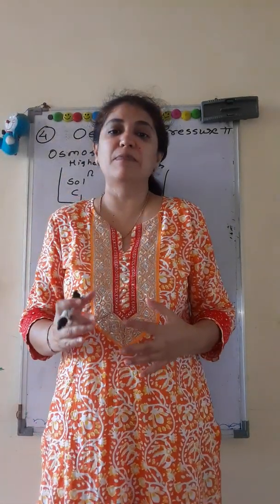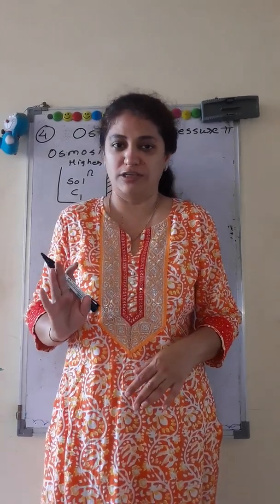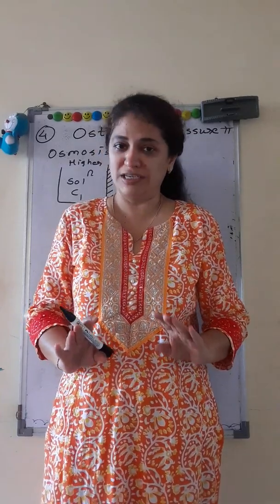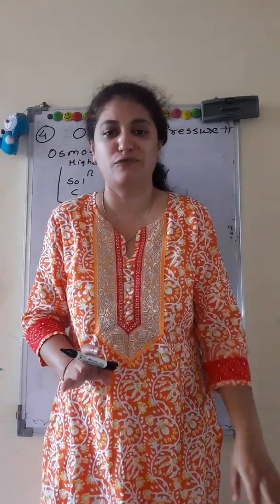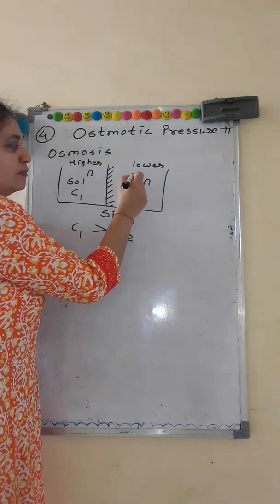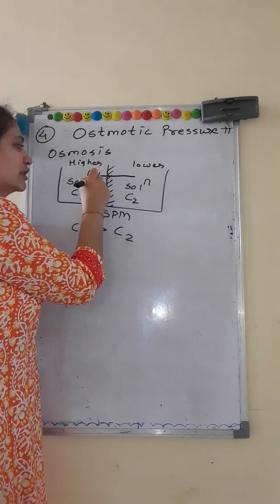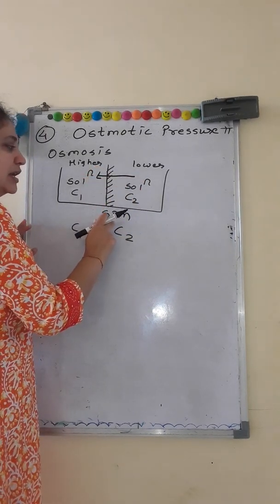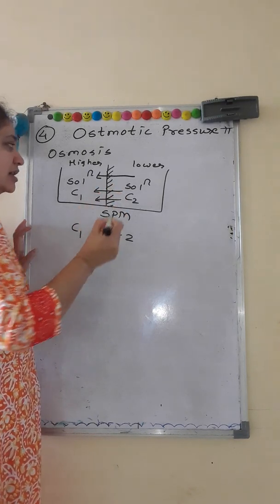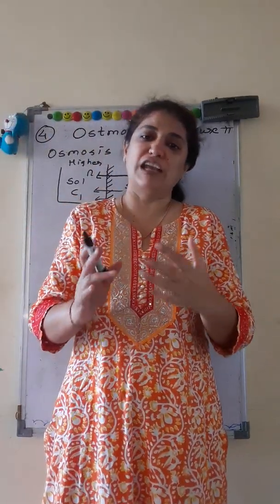Now a semi-permeable membrane allows only solvent molecules to flow through it. It does not allow solute particles to flow through it. So what happens? The solvent from the lower concentration compartment starts moving through the semi-permeable membrane and continues to move into the higher concentration compartment till the concentration in both compartments becomes equal.